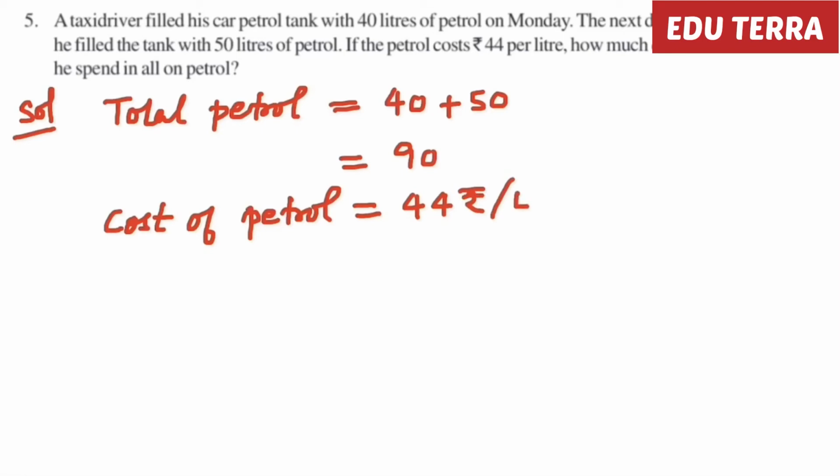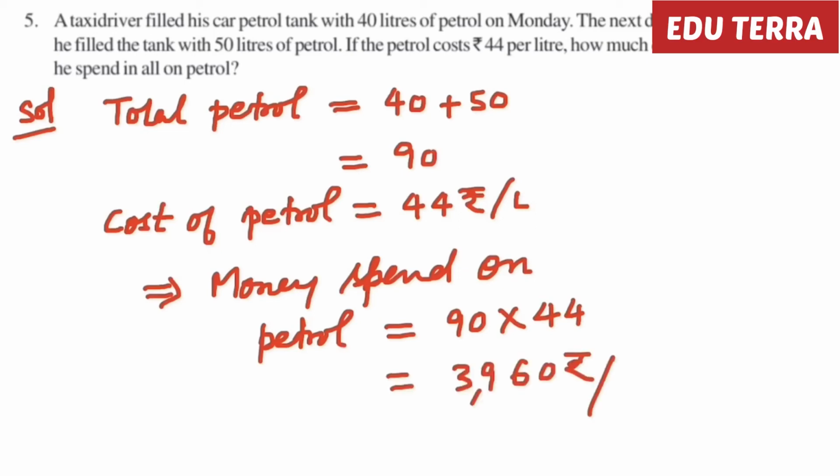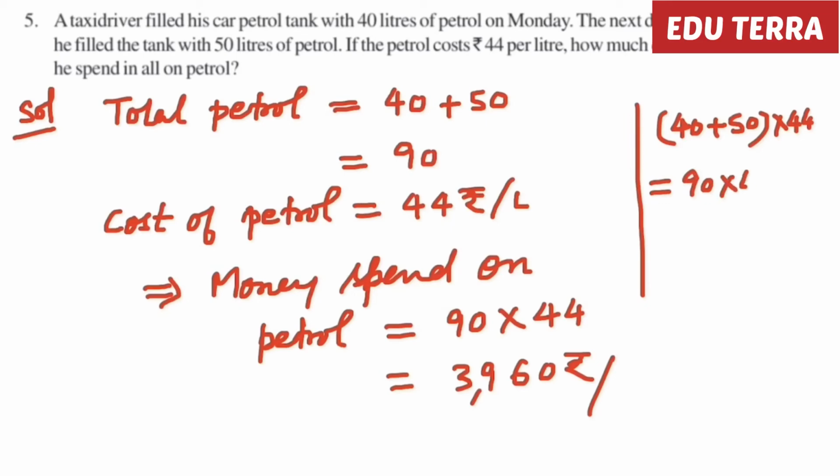Okay, it means 1 liter is 44 rupees. It is 90 liters multiplied by 44. Now you can do like that. Look here, 40 plus 50 directly you can solve, multiply by 44. So again same thing, it will come 90 into 44 and you can find the answer.